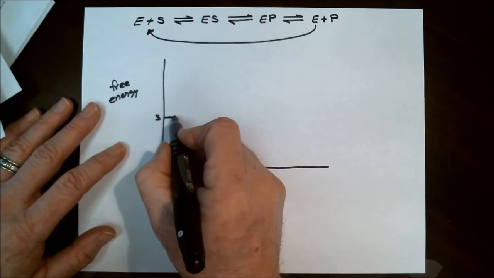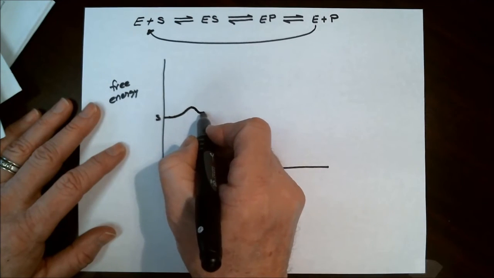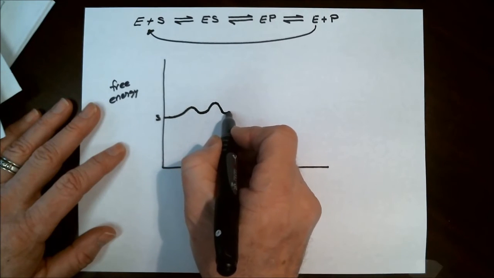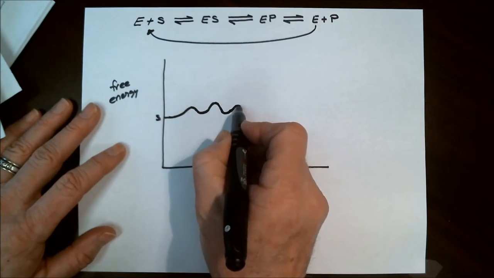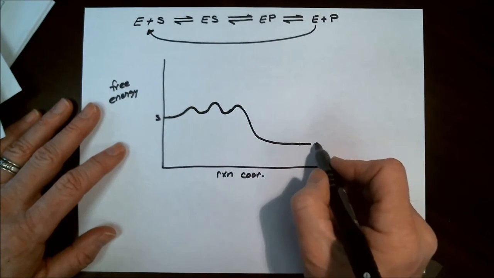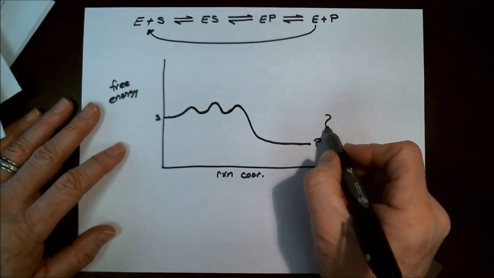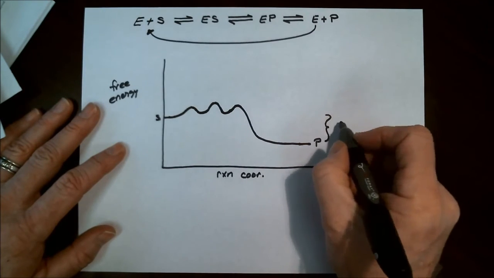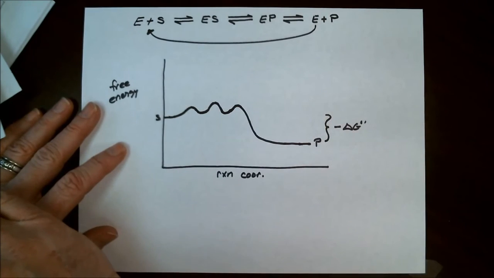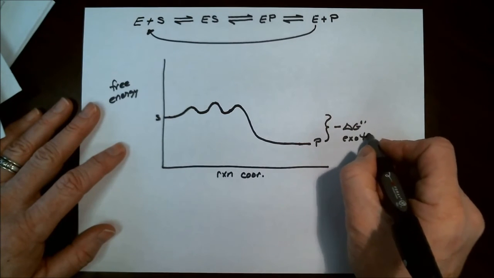It is going to reduce the activation energy in order to generate the product. Now we saw that the difference between the substrate and the product is a negative delta G. So that means that this reaction is exothermic and it's moving forward.